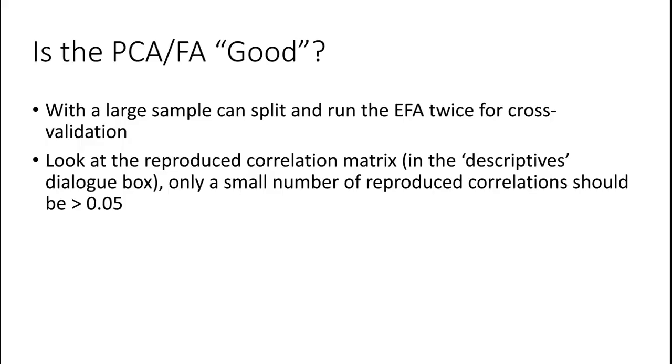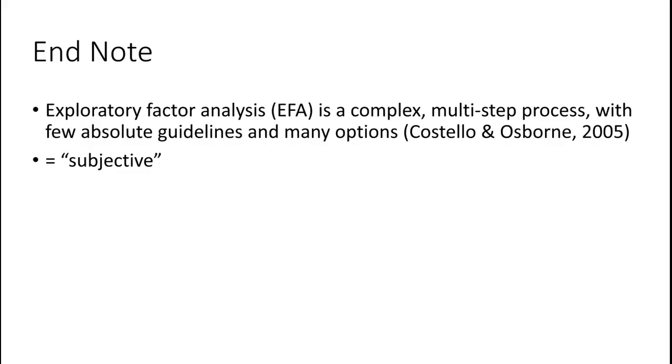And one last time, so I'll close this by saying, right, EFA is a complex multi-step process with few absolute guidelines and many options. That's from the Costello and Osborne paper, which is just a fancy way of saying that it's a subjective technique and almost always should be followed by a confirmatory analysis, which is the topic of the other slides, a confirmatory factor analysis. It's rare nowadays to see exploratory factor analyses conducted by themselves.